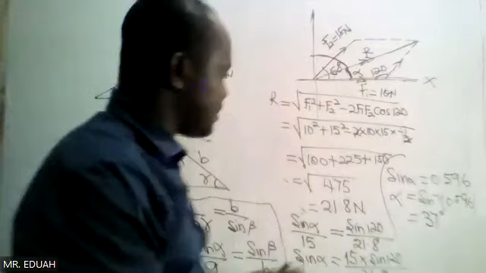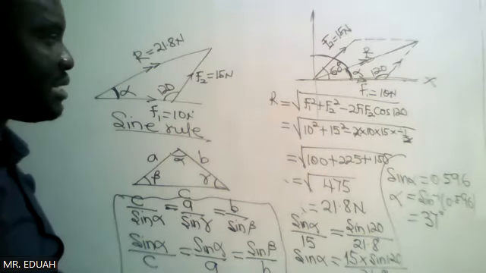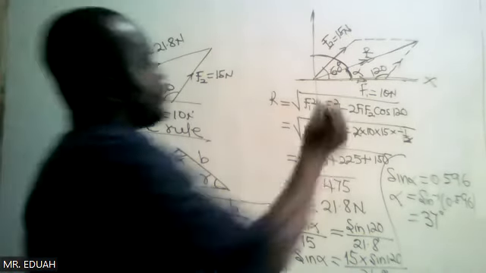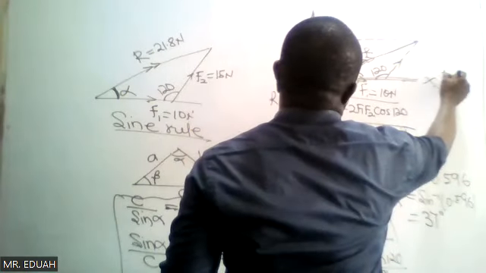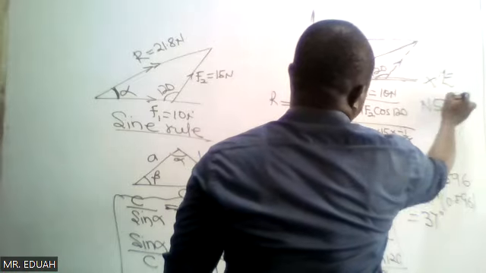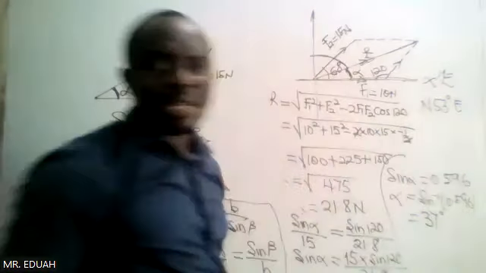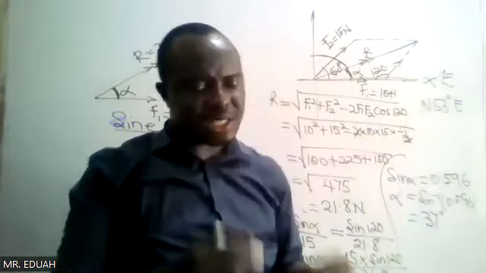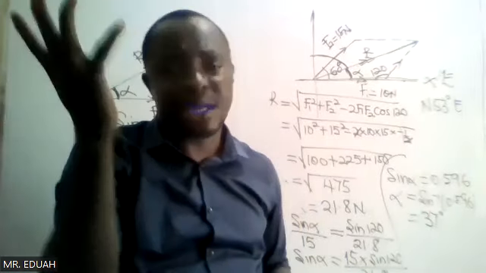So this will be 53 degrees north of east, so 53 degrees northeast. This is when the direction is required in bearing.